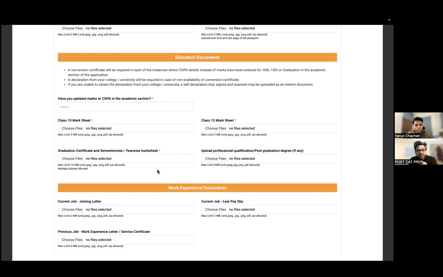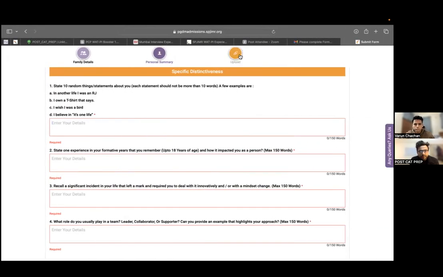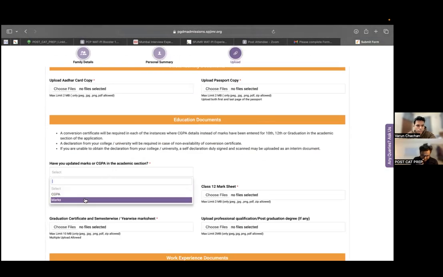Have you updated marks or CGPA in the academic section? So you have to put it there. What's there in the select tab, Varun? I will have to check, sir. One second. Yeah, so it's an option between CGPA and marks.